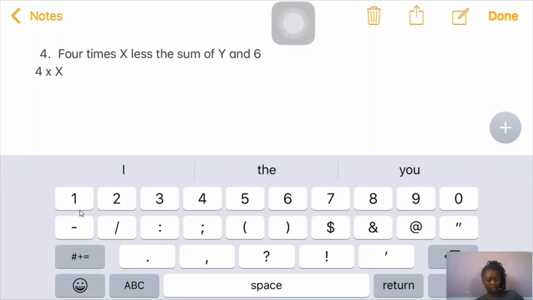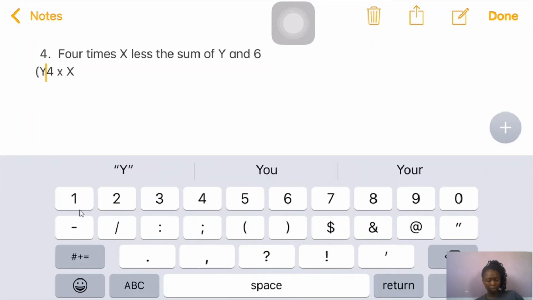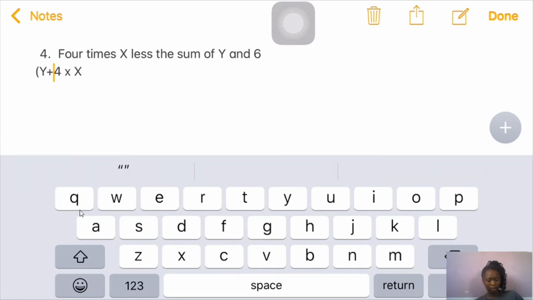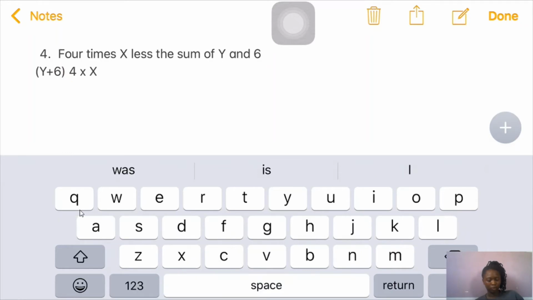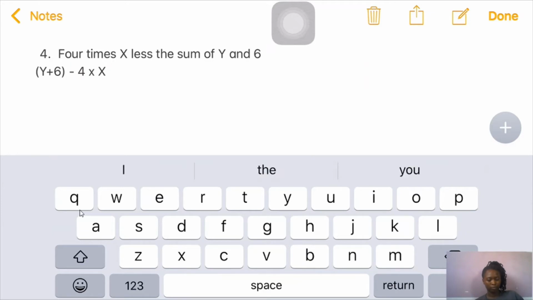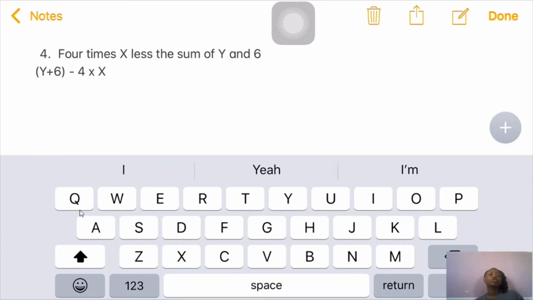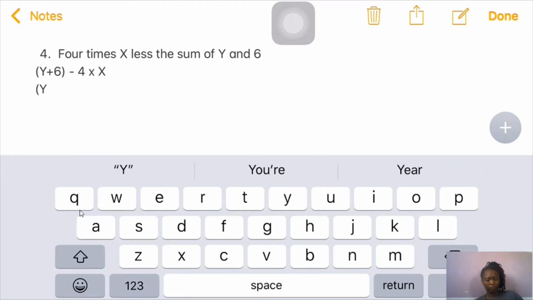So y and 6 should come first. So the sum of y and 6 is y plus 6. Then minus 4 times x. So 4 times x less the sum of y and 6. So this is the same as, just note, any of it is correct.